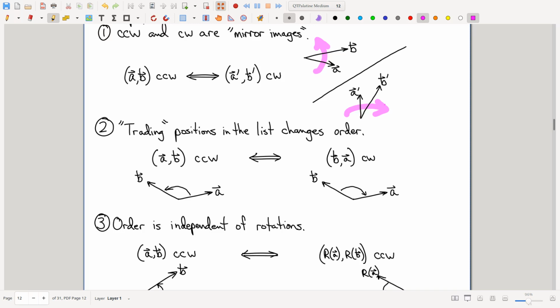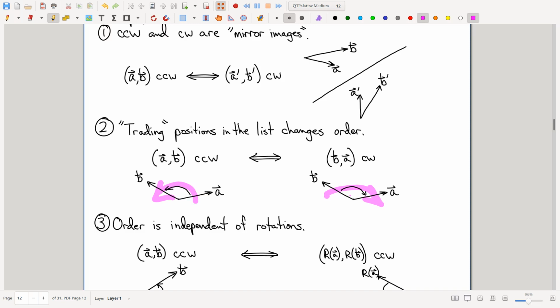Second, if you put the vectors in the opposite order, if you trade the positions of those two vectors, notice A comma B is counterclockwise, but when I trade B comma A, it becomes clockwise. Same two vectors, but trading the positions changes the order.